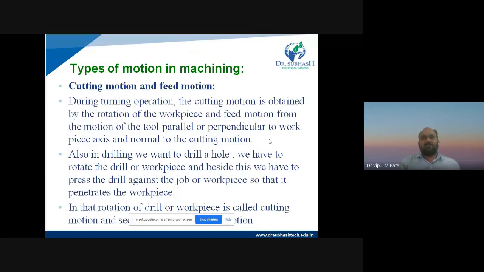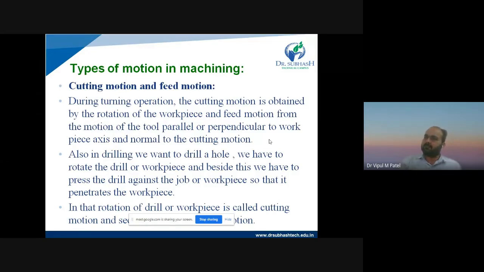Understand? If I am performing the turning operation with the use of the lathe machine, with the single point cutting tool, then definitely during the operation the cutting motion is obtained by the rotation of the workpiece. With the use of this rotating mechanism like a spindle and chuck, we can easily rotate the workpiece. It is called cutting motion, and feed motion is from the motion of this cutting tool, a single point cutting tool.